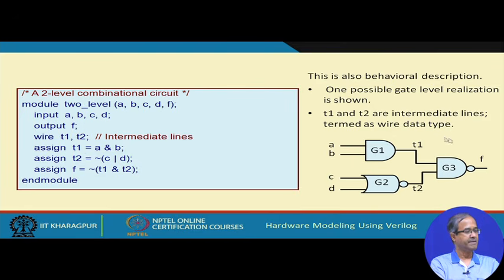This is again just one possible gate realization, because the synthesis tool can generate some other realization also for the same function. So, just one thing you remember, whenever you are using assign statement for describing some design, the assign statement for most practical purposes is used to specify only combinational circuits, but later on I shall give you an example where assign statement can also be used to specify a sequential circuit.